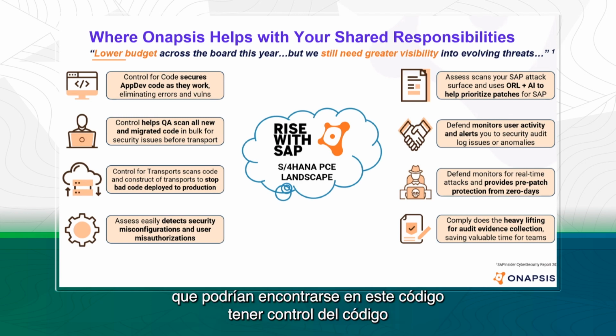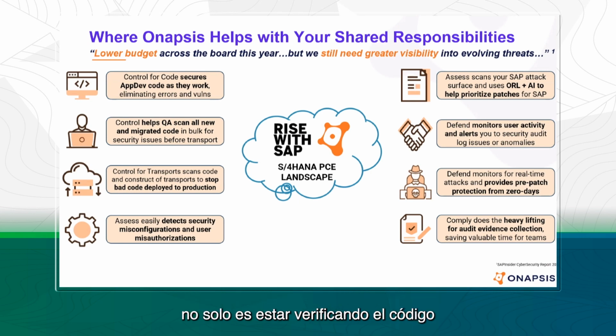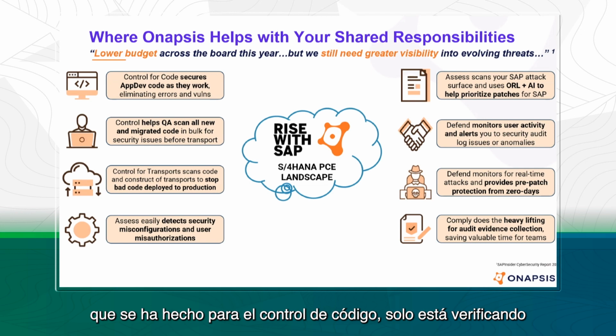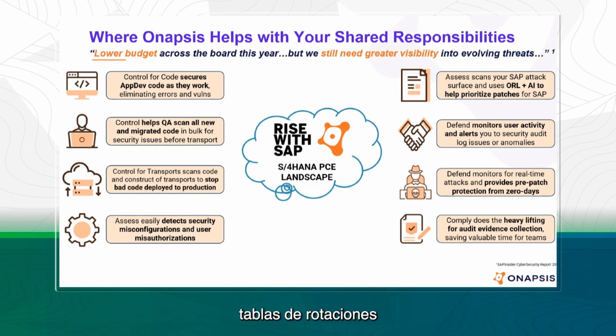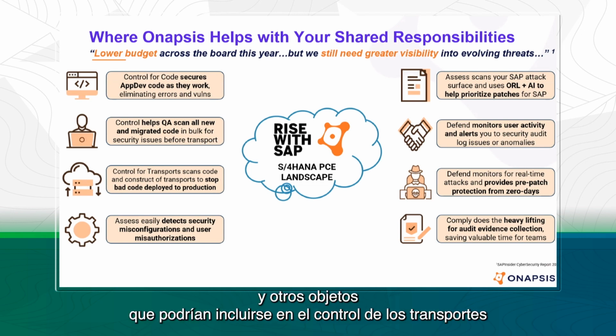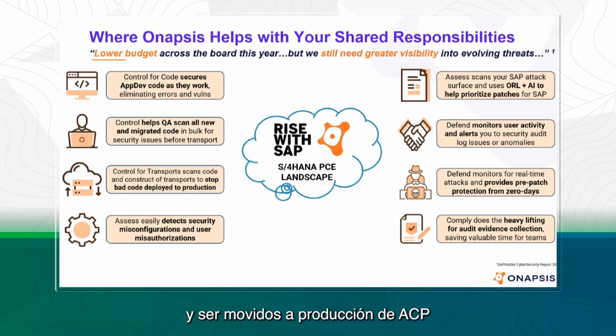Control for Transports is checking for tables, authorizations, and other objects which could be included in the transports and be moved to SAP production and affecting your production system security.